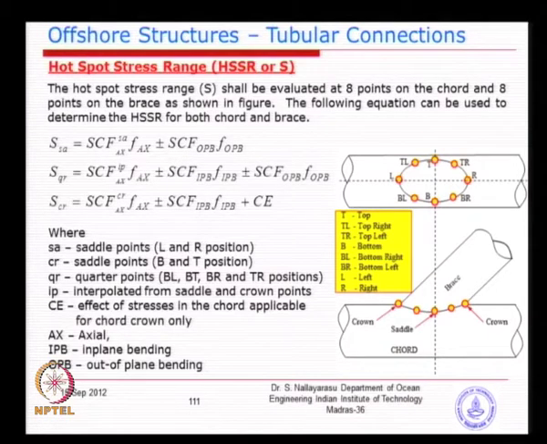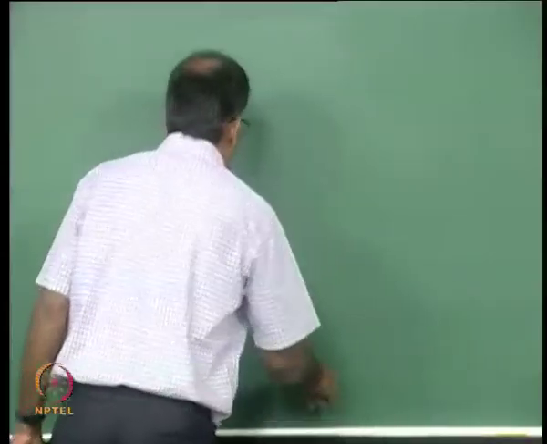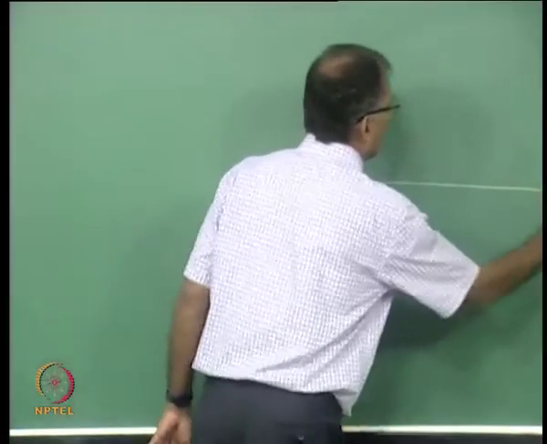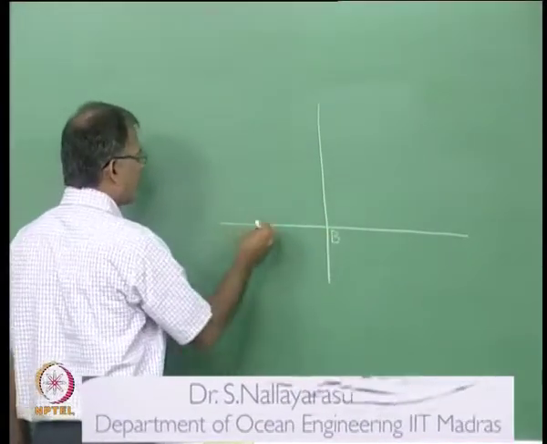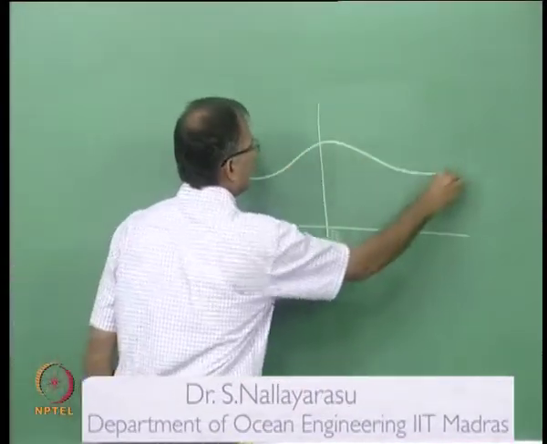So, there may be a question, you may be asked to plot the stress concentration factor or the stress range across one full chord interface. For example, something like this could be your bottom point, and then something like this.